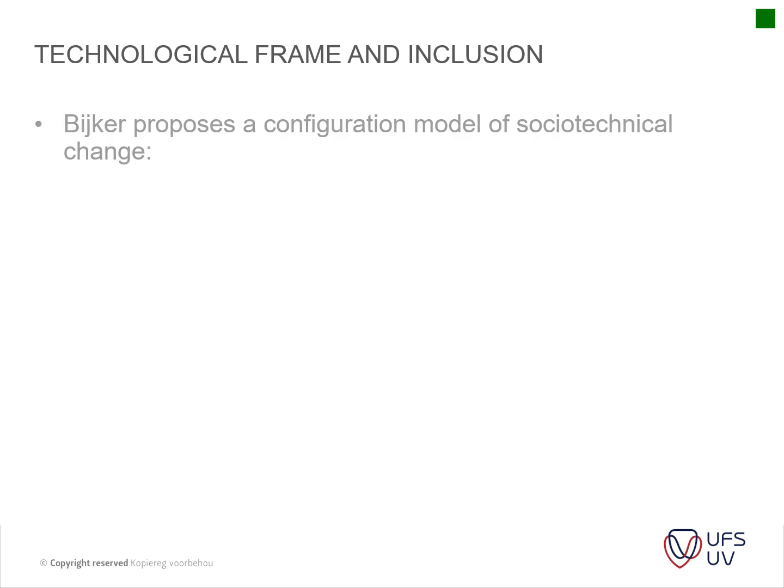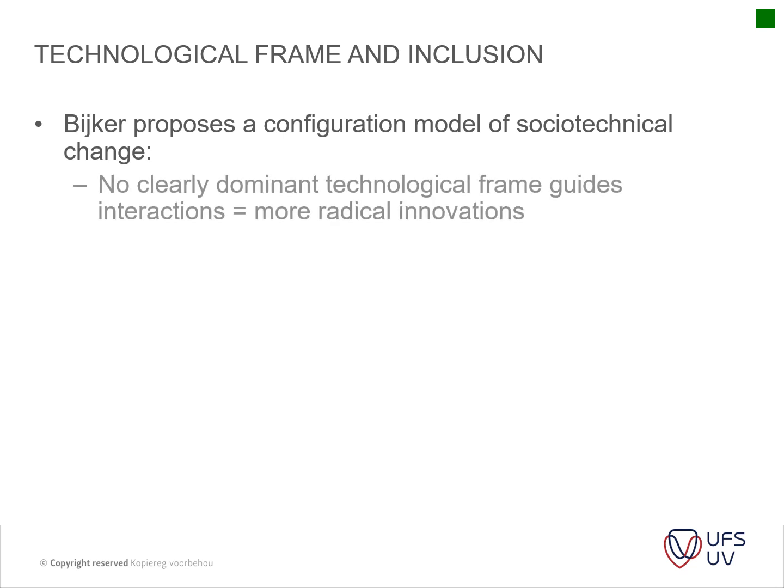Then we get to technological frame of inclusion. Bijker proposes the following configuration model of socio-technical change.